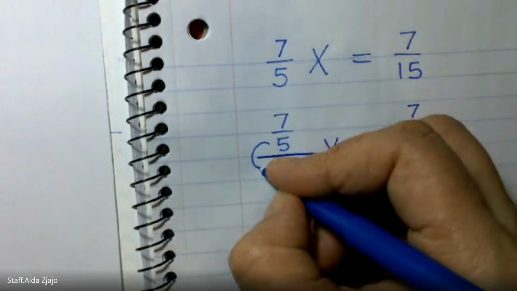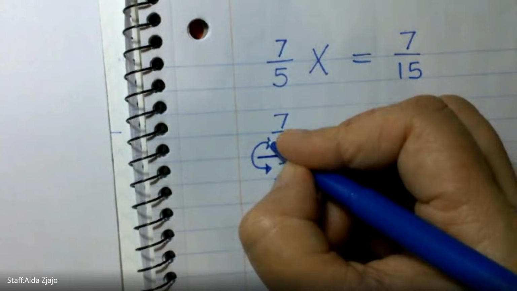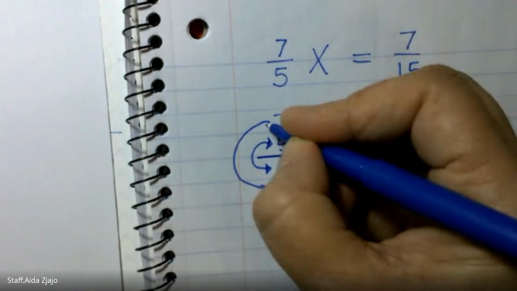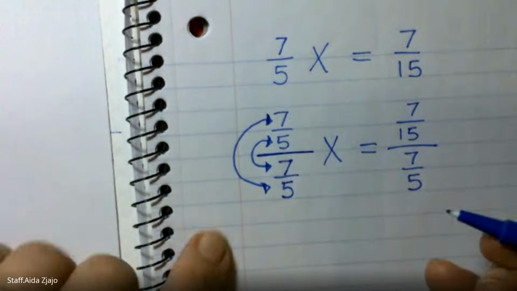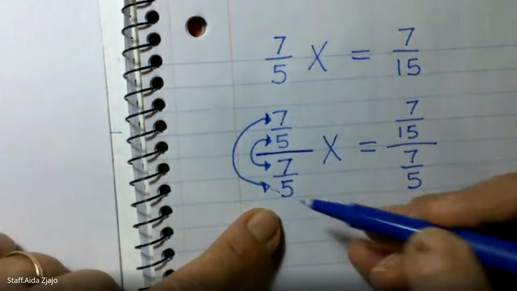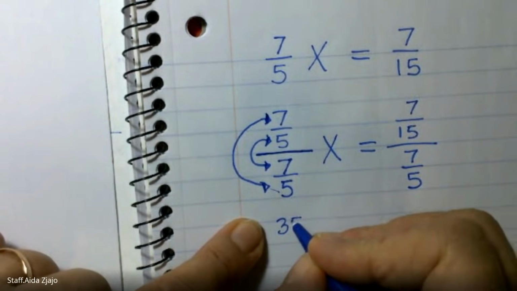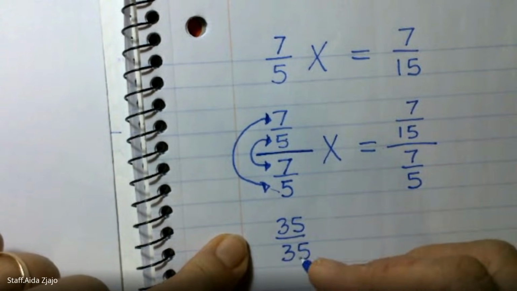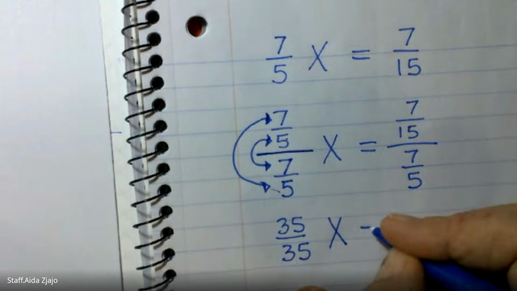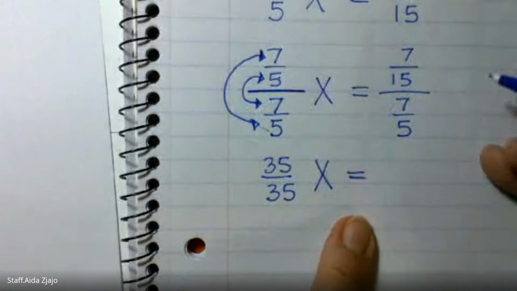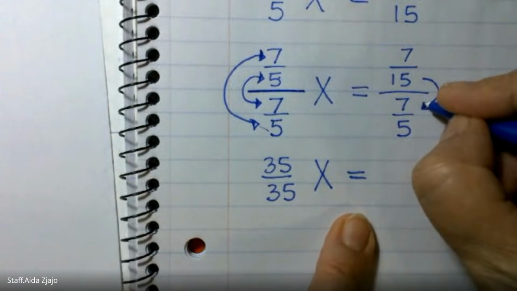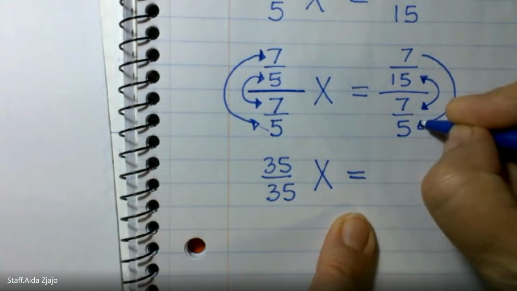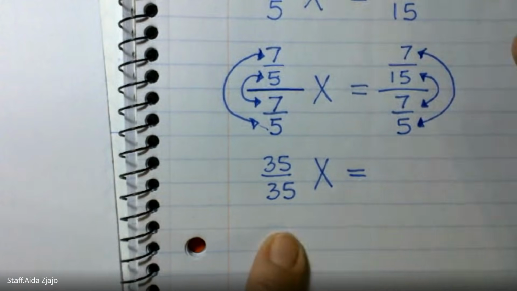And so now that is the strategy, this is the division line. So inside and outside factors need to be multiplied. So 7 times 5 is 35, and 5 times 7 is 35x. And then also inside needs to be multiplied, and outside they need to be multiplied.